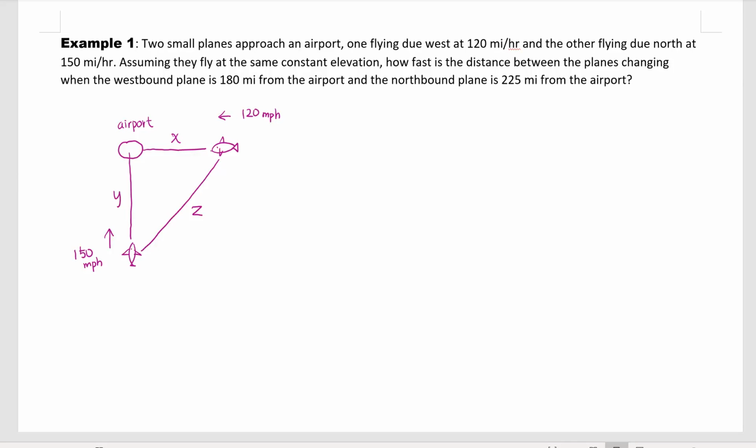And what are we looking for? Our goal is to find the rate of change of the distance between the planes. Okay, at the moment when the westbound plane is 180 miles, so x is 180 miles and y is 225 miles.